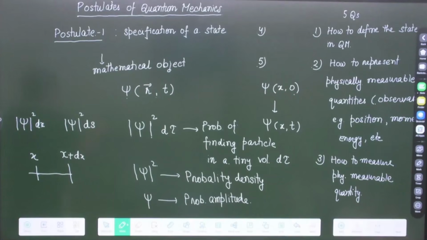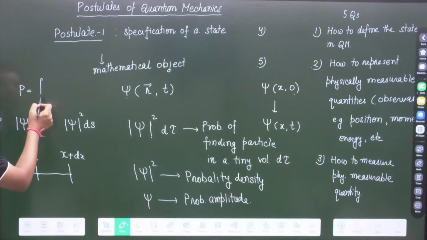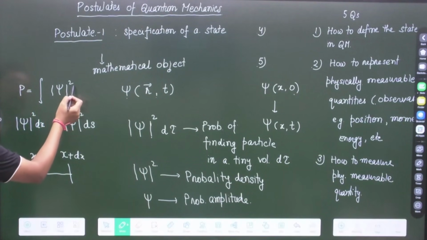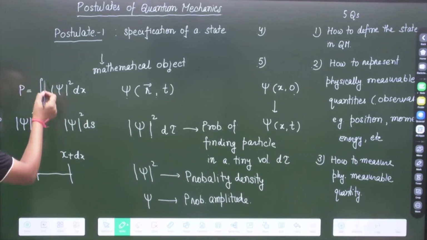I am considering a 1D problem to explain. I want the probability of finding the particle not in an element, but from x1 to x2. Then it is simple. In that case, the probability will become the integration of psi square dx, with the limits x1 to x2.